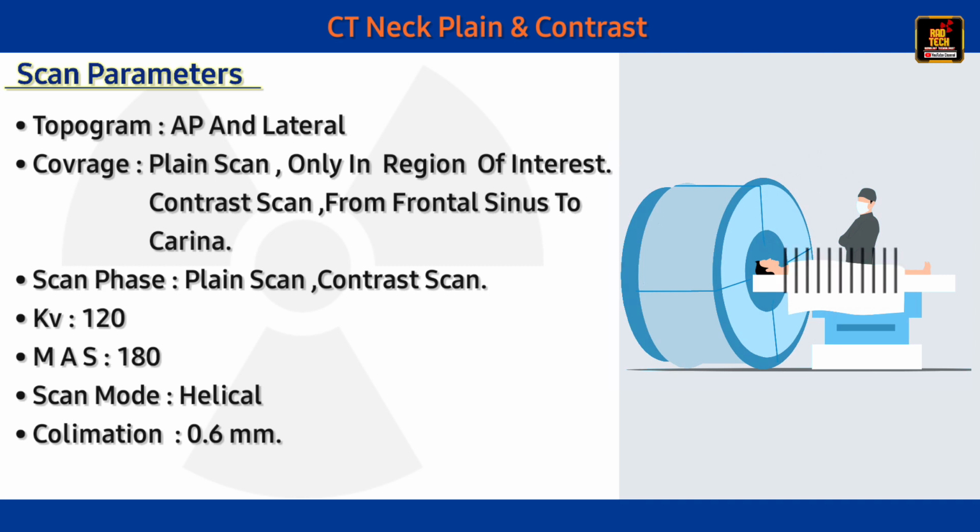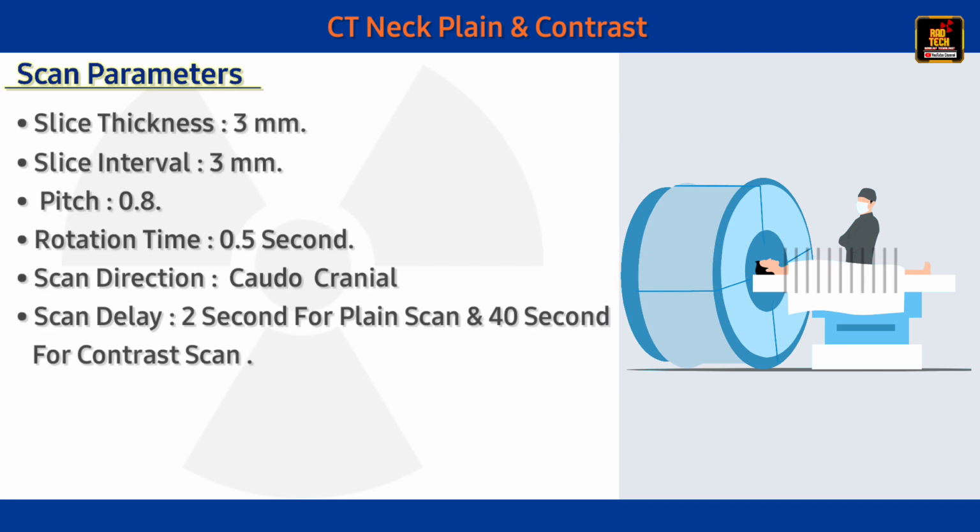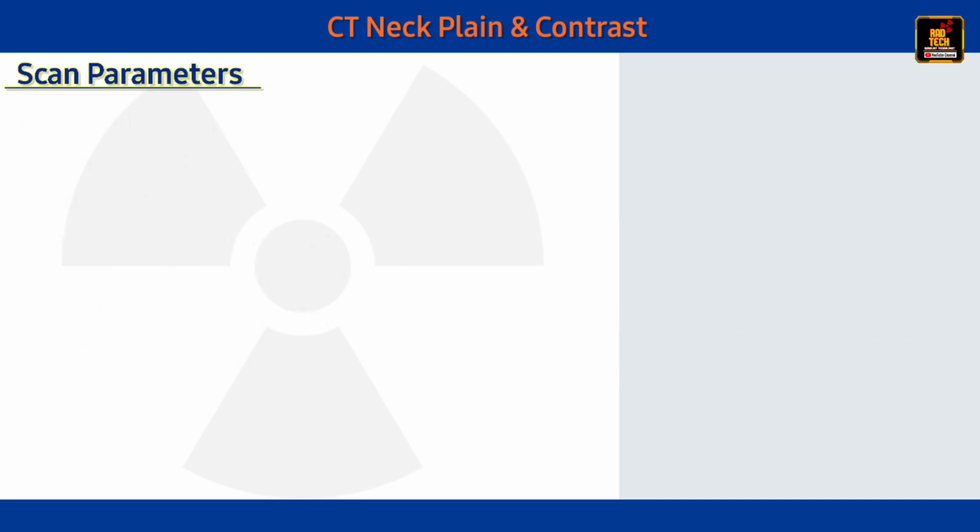Collimation 0.6 mm. Slice thickness 3 mm. Slice interval 3 mm. Pitch 0.8. Rotation time 0.5 second. Scan direction, caudocranial. Scan delay, 2 seconds for plain scan and 40 seconds for contrast scan.